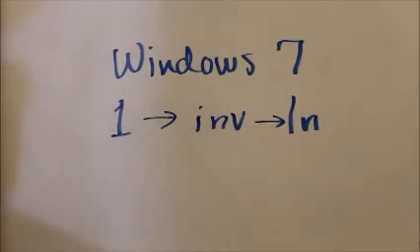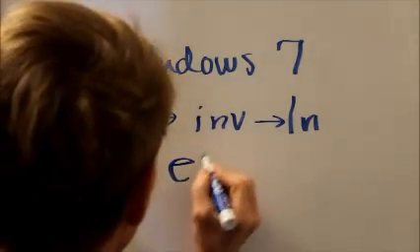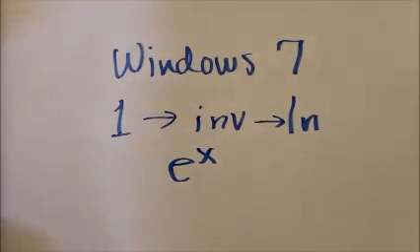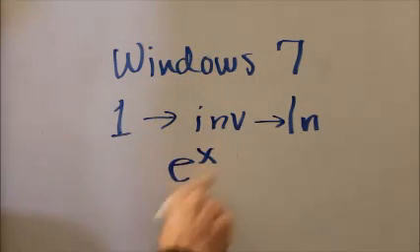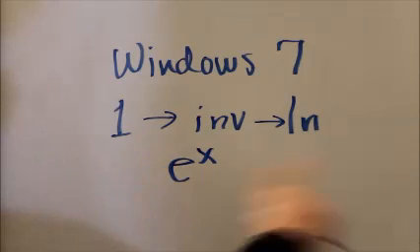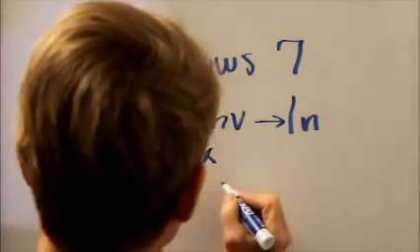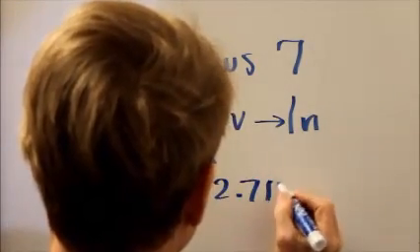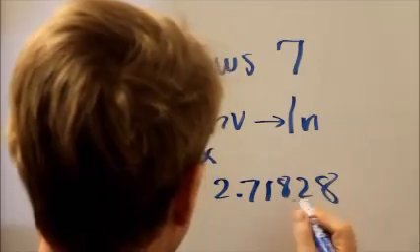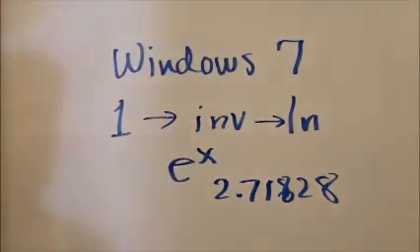That LN should then change to an e to the x. You're going to get e to the first power when you do that, and of course anything to the first power is itself. And then you're going to get 2.71828 and a whole bunch more digits.